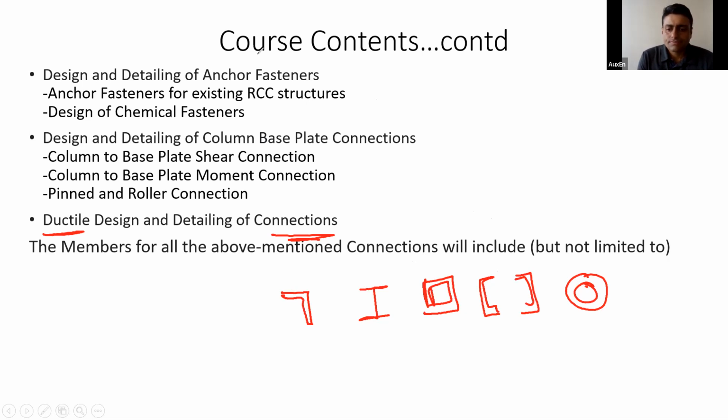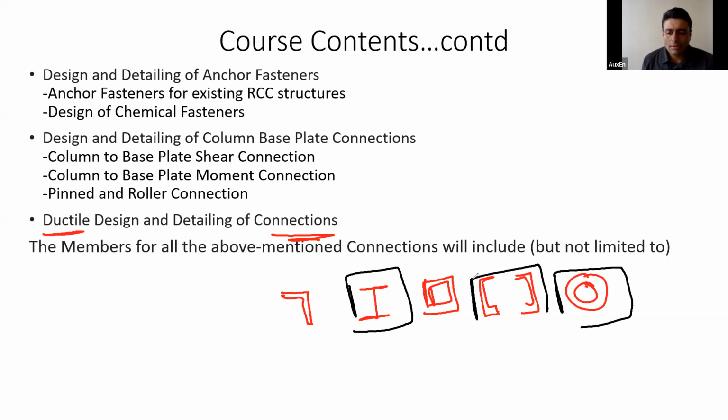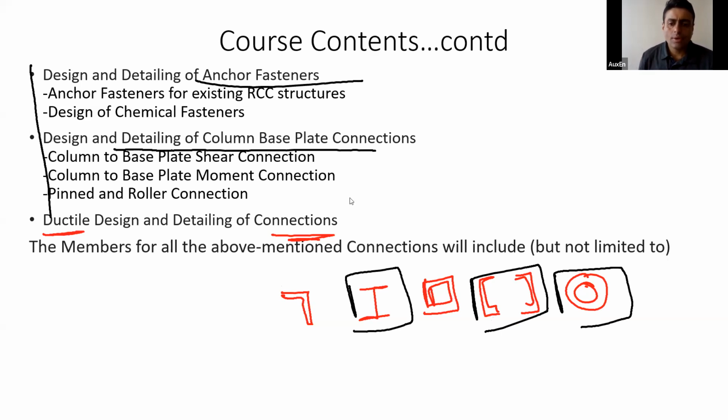Do you understand? So for example, if I have to do a column base plate fixed connection, if I have an I section, my connection will look slightly different. If I have a circular section, my connection will look slightly different. If I have a hollow section, built up section, my connection will look slightly different. So all these families that I just discussed, we will be doing for different member types.